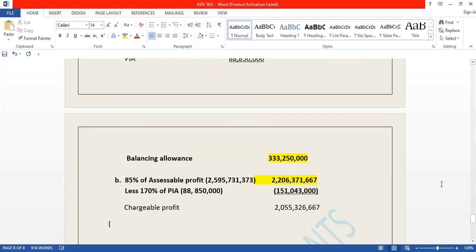So let me put it somewhere here as a guide when you are checking this note. So we have accessible profit, then minus balancing allowance.